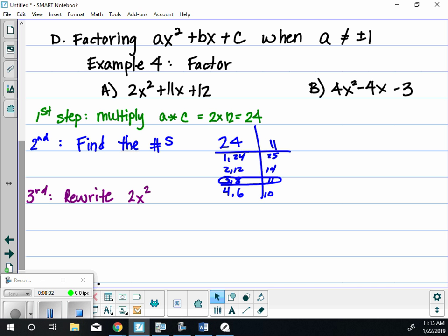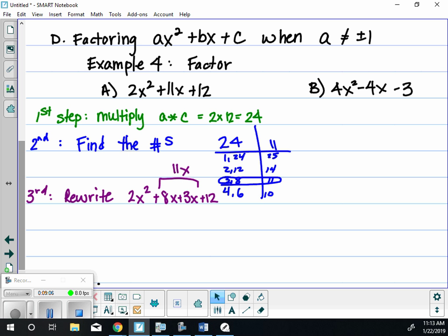And I'm going to change the 11x, instead of writing it as 11x, I'm going to write it as 8x plus 3x. So instead of writing it as the 11x that it was originally given to us, I'm going to rewrite it using 8x plus 3x. Okay. And that order does matter.